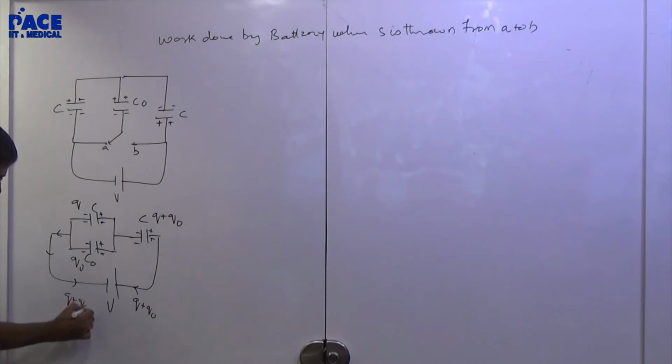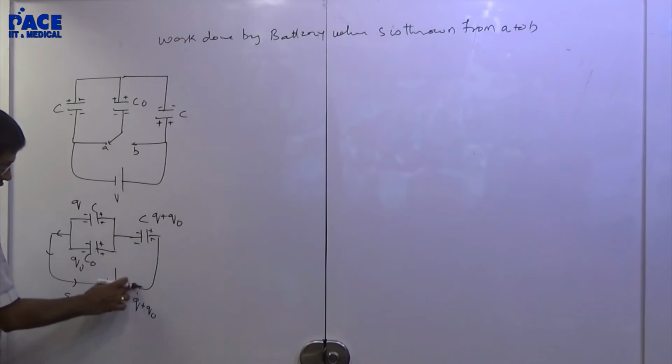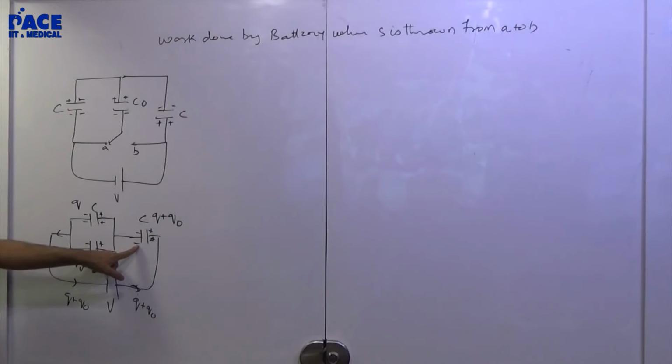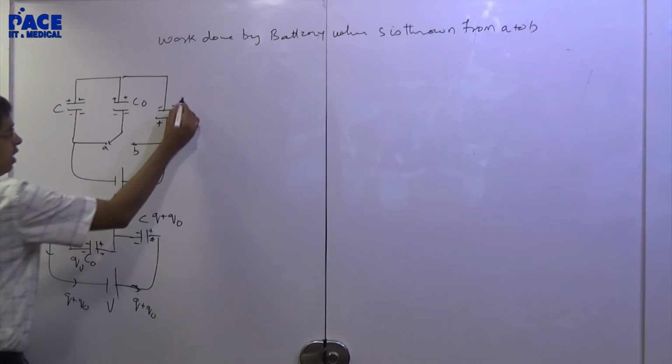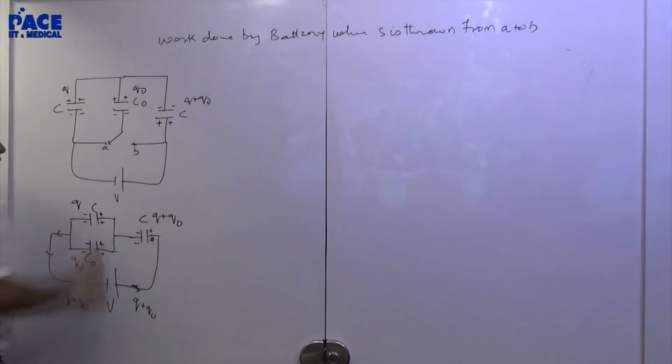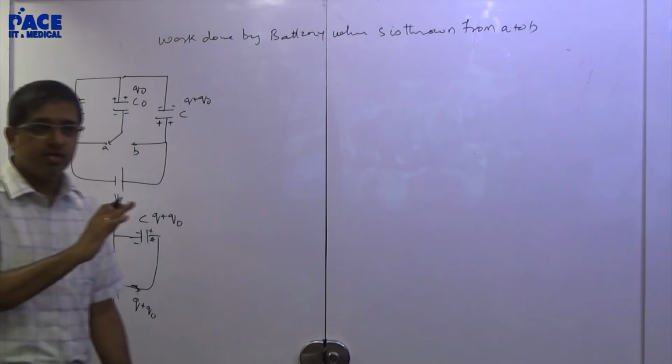I will have Q plus Q naught coming back into this. Agreed? Q plus Q naught is pushed into this. This will be minus Q plus Q naught. The process is on. That's why you will have Q plus Q naught here, Q naught here, Q here. Initial configuration. Till here, is it clear to all?